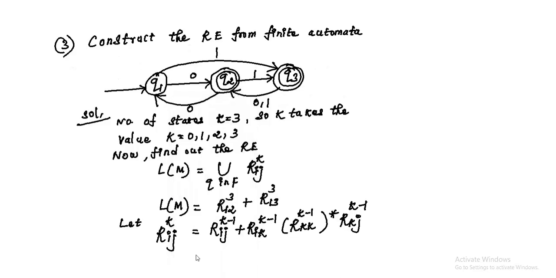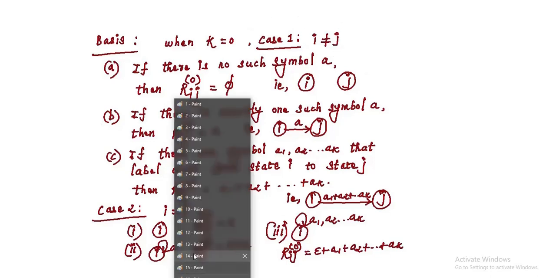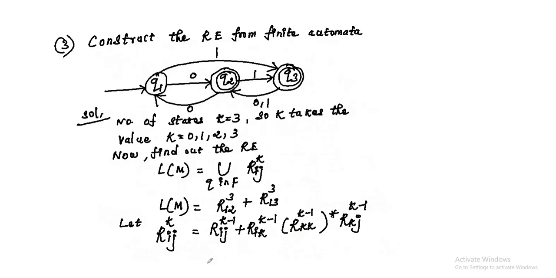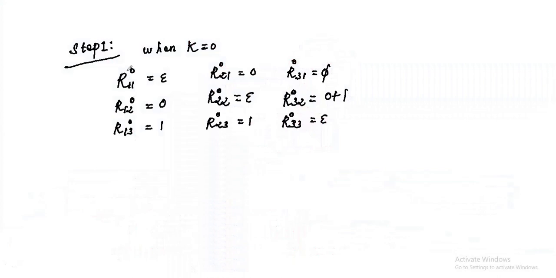Look at the transition diagram. Here for R11 there is no self loop, but we need to include epsilon, because as per the basic rules, take the case i equal to j, which means single state, and i not equal to j, which means different states. In this transition diagram there is no self loop here, but we need to include epsilon. So R11 raised to the power 0 equal to epsilon.